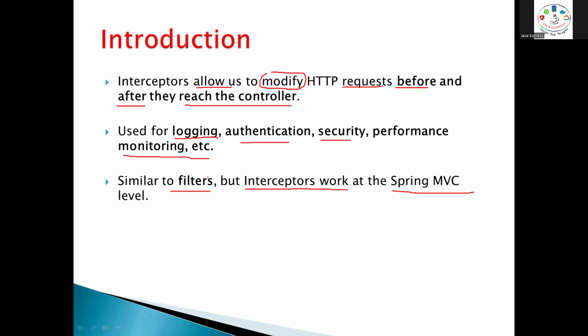Mostly filters are used in real time at the security layer, like JWT authentication. As part of our real-time Java project, we will use filters for security and JWT authentication, which you can do using filters only. So both are different use cases, interceptors and filters.